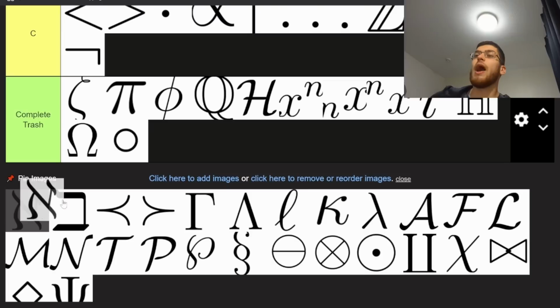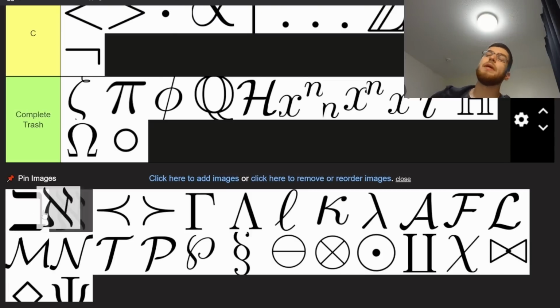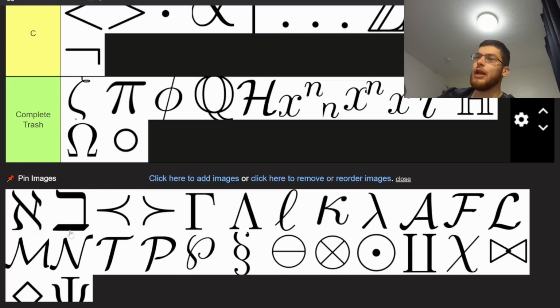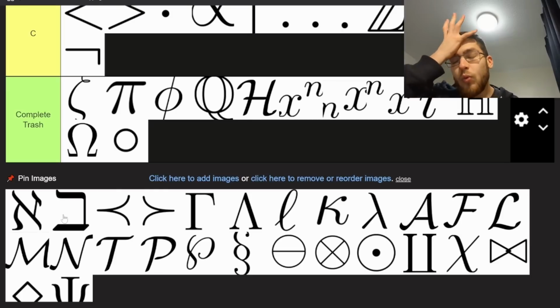Next is Aleph Null. Now, so many comments were saying I should have done a bit more research about Aleph Null and Beth and Omega and learned more about infinities. And have I done so? No. But let me explain why.